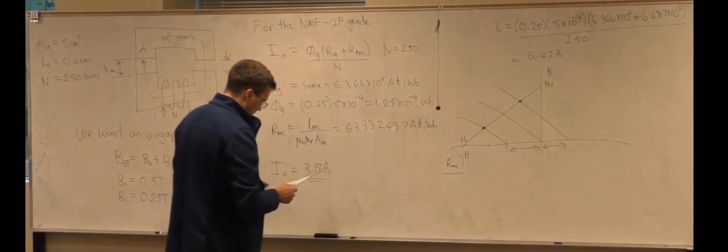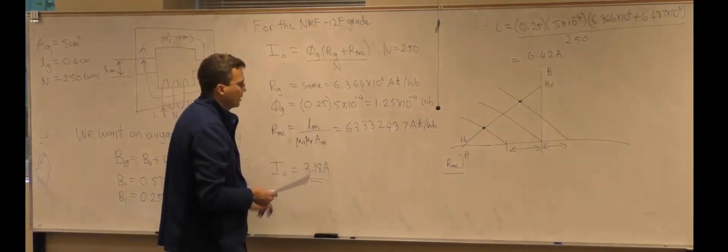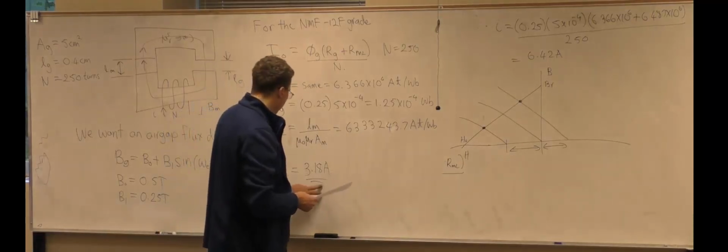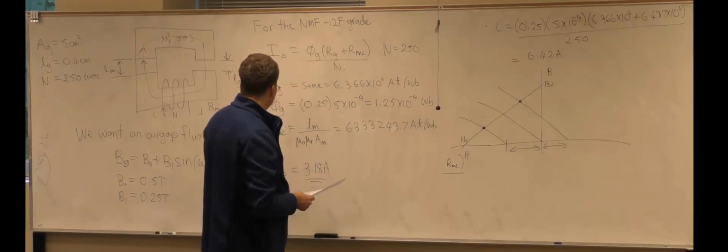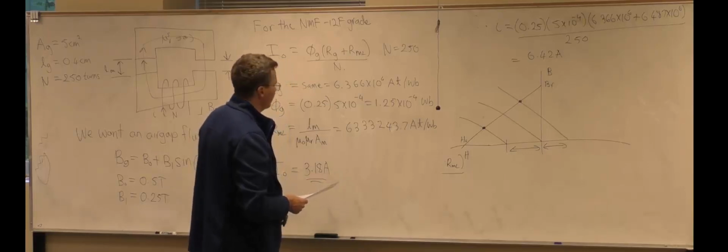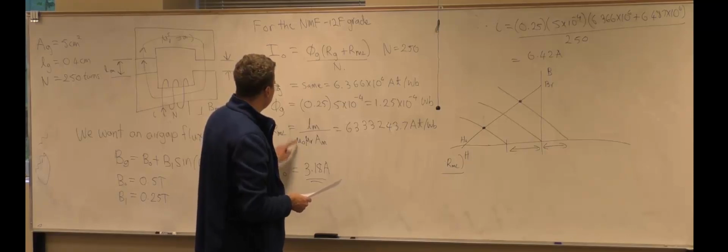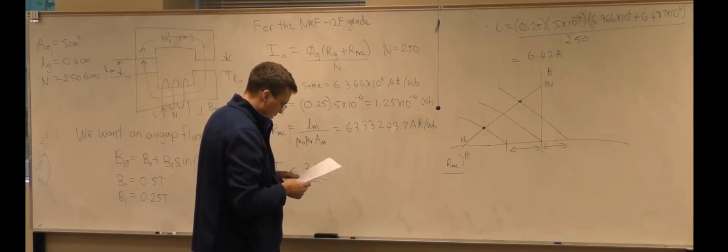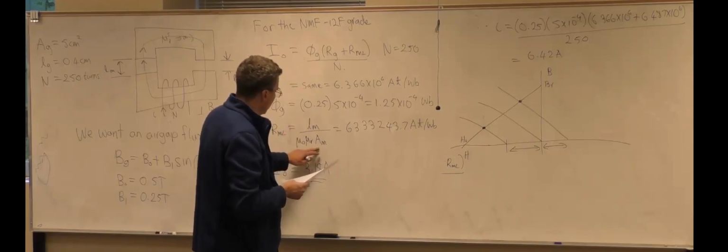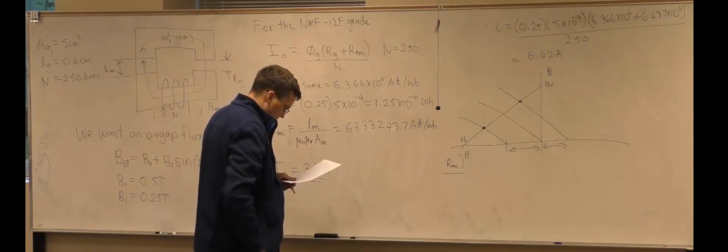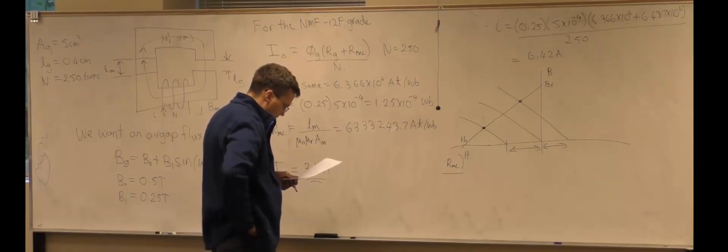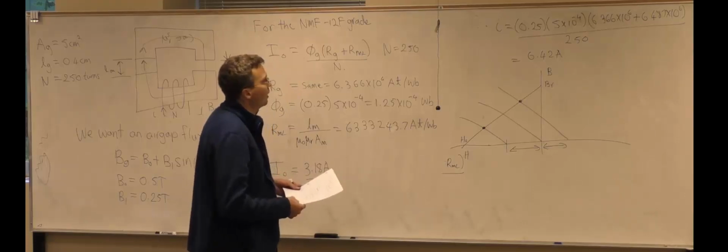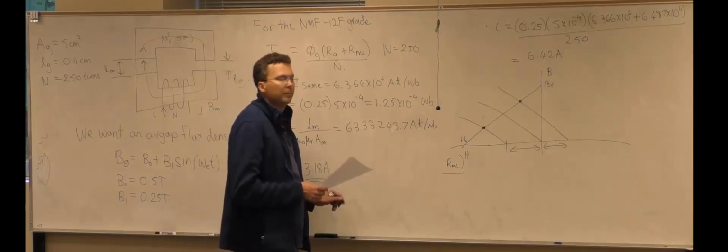So that's a significant reduction in the current required to get that 0.25 Tesla, and that's mainly due to the magnet length, and the area as well. So they're different. Okay, so I will stop there. Thank you.